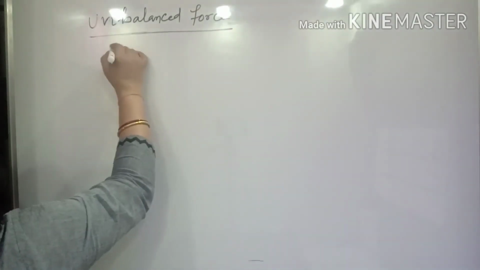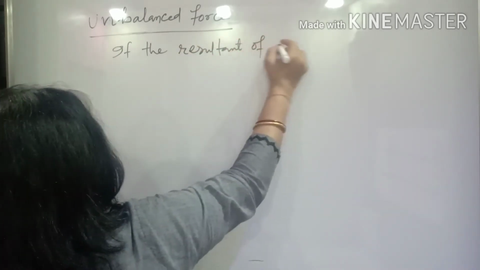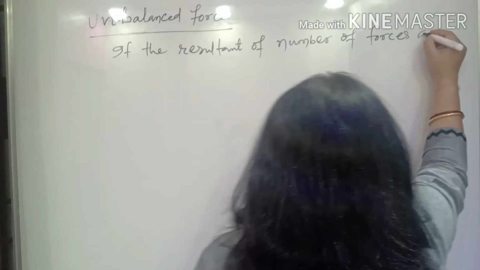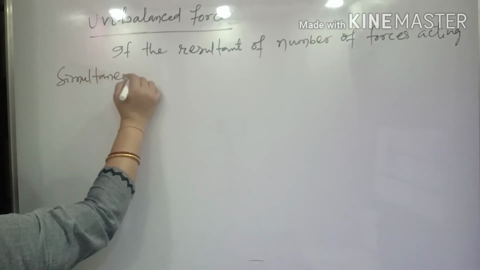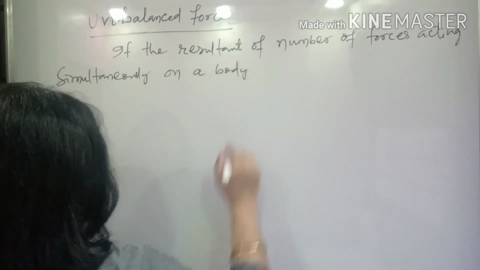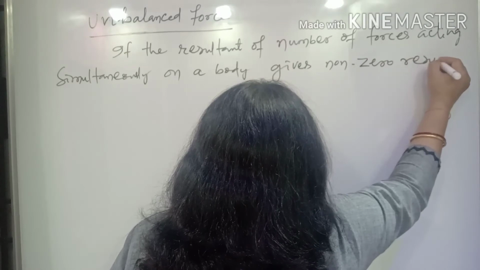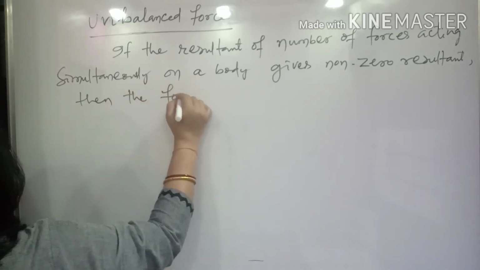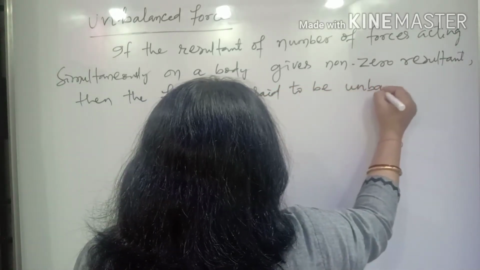According to the definition, if the resultant of a number of forces acting simultaneously on a body gives a non-zero resultant, then the forces are said to be unbalanced force.